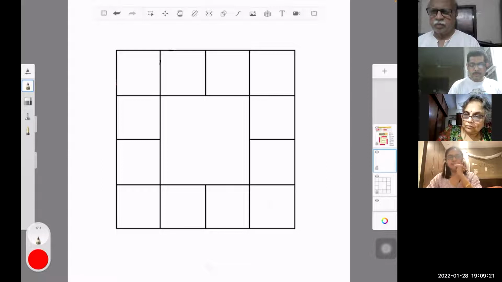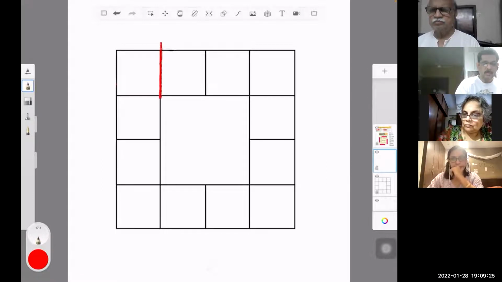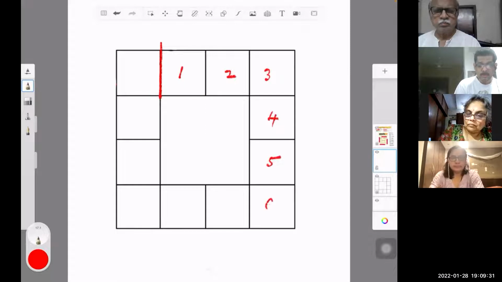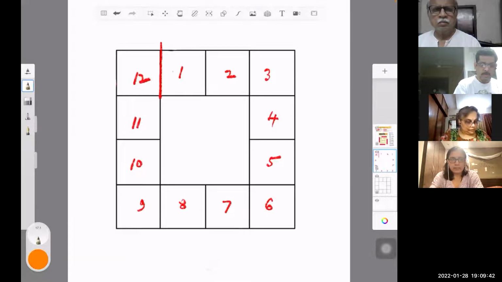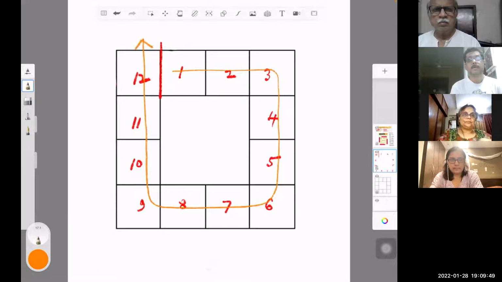Just to recap what we did last time, if you remember, we had said that the first house starts over here. So this was 1, 2, 3, 4, fifth Rashi, sorry, not house, 6, 7, 8, 9, 10, 11, and 12. Correct? So we had discussed last time that this goes in an anti-clockwise direction, in a motion like this. This was how the Rashis move.